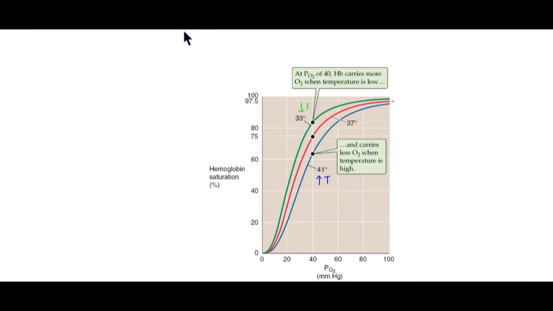You shift it to the right, it has a lower affinity for oxygen at a given partial pressure of oxygen. If you shift it to the left, at a given partial pressure of oxygen, it has a stronger affinity. Okay? So warming up the tissues means less of it is going to be saturated with hemoglobin at that same partial pressure.